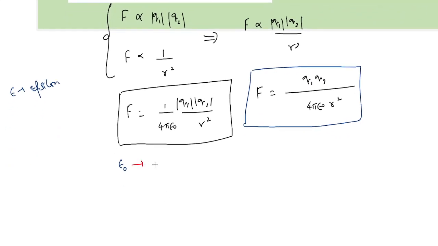Epsilon naught is called the permittivity of free space. So this tells us how much of electric field lines can pass through a given material. So it is called permittivity. Here permittivity, or permit, is a common English word.